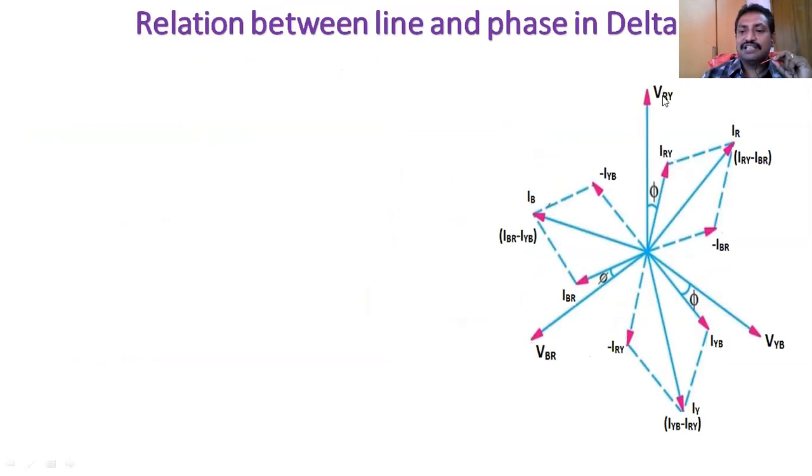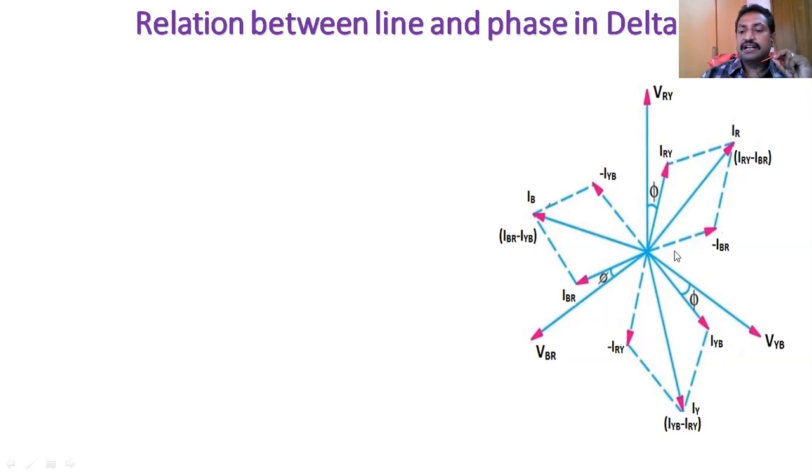But the current lags by an angle phi because of inductive loads. IRY lags by an angle phi. Similarly, VYB lags VRY by 120 degrees, but IYB lags by an angle phi. Similarly, VBR lags VYB by 120 degrees, but IBR lags by an angle phi with reference to VBR.